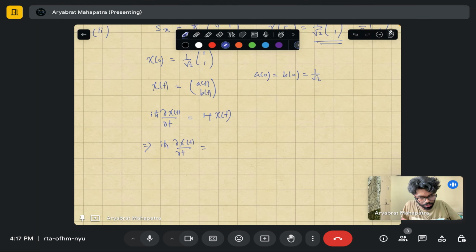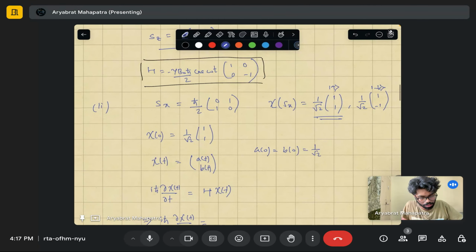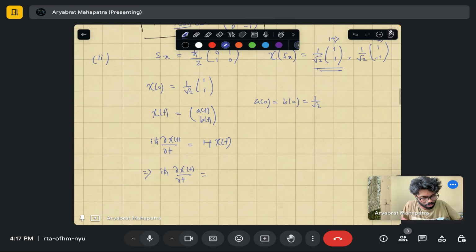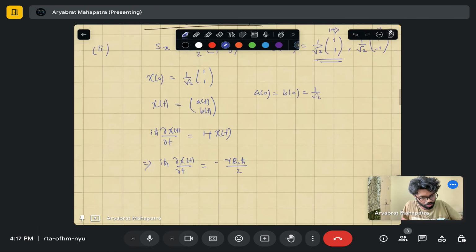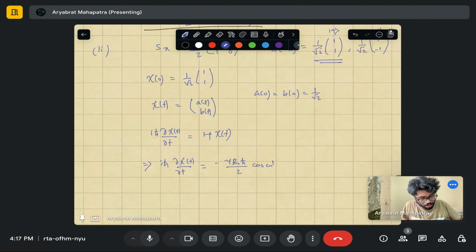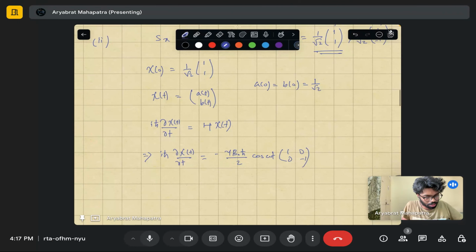So our H, as we found out, is minus gamma b naught h bar over 2 cos omega t times the matrix 1 0, 0 minus 1, and then chi of t is a column vector, a of t, b of t.